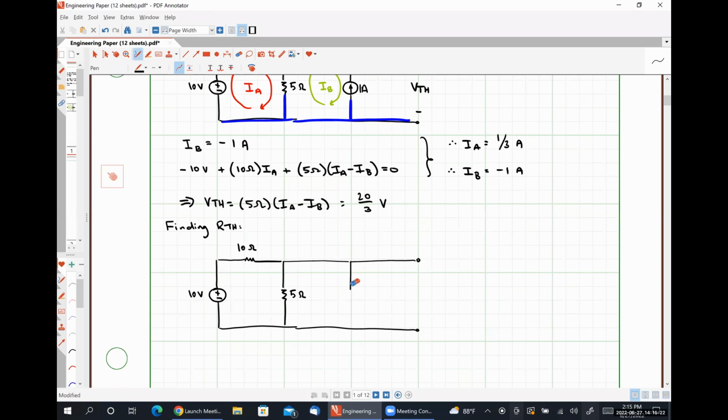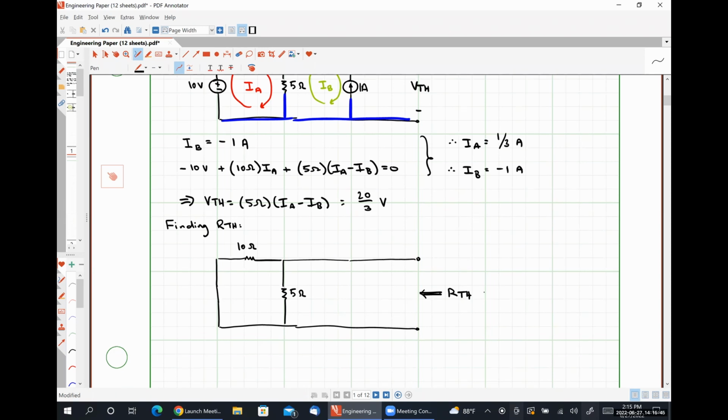So I'm just going to erase this guy. And we turn off voltage sources by replacing them with short circuits. So I'm going to replace my 10-volt source with a short circuit. And now we're going to look in through our terminals, and whatever resistance we see is our Thevenin equivalent resistance.